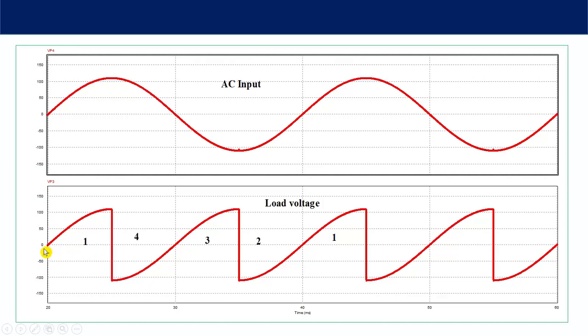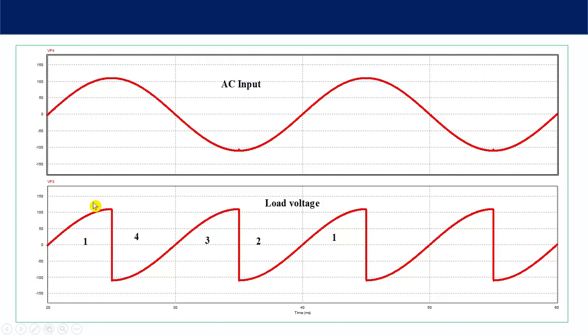Now from this discussion, one problem we have seen: when thyristor number 1 was on, we have to turn it off, then turn thyristor number 4 on. So it is to be commutated. This is one of the problems of this cycloconverter, and it is to be taken care of by using a suitable commutation circuit.